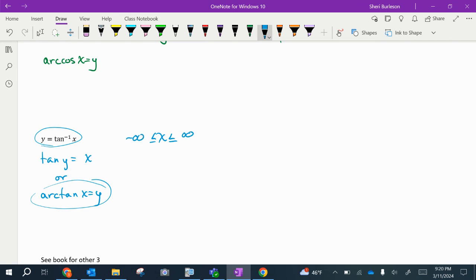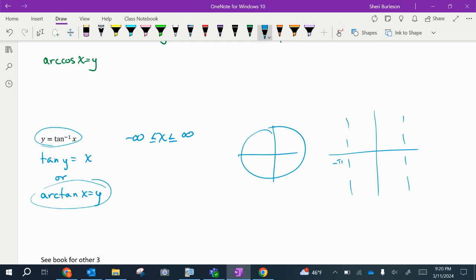But when I'm thinking of the graph of tangent from negative pi over 2 to pi over 2, the tangent graph is going to look like that. So my ratios are from negative infinity to positive infinity, but inverse tangent only exists in quadrants 1 and 4.